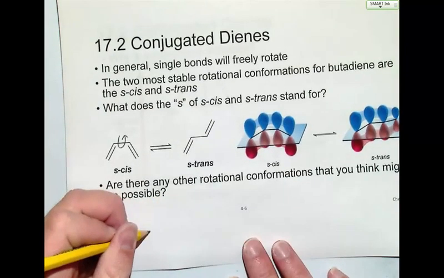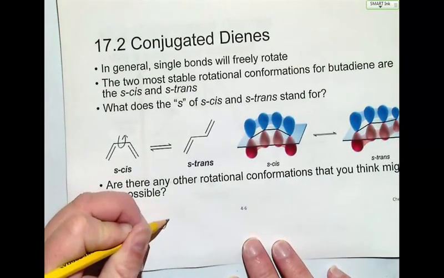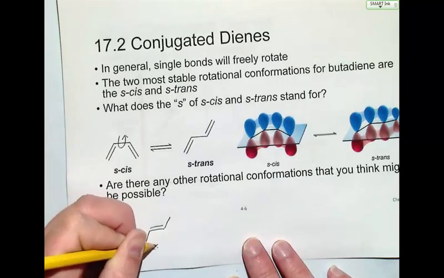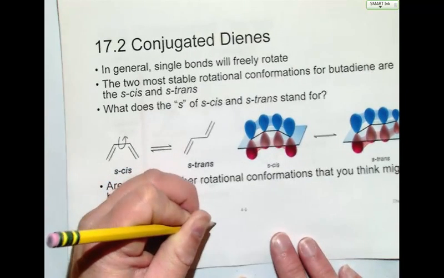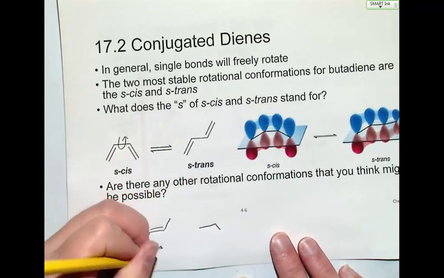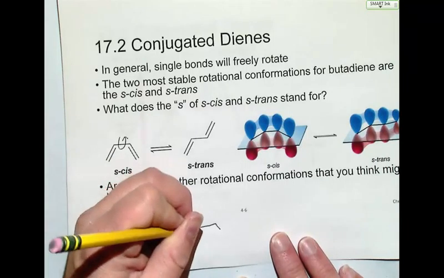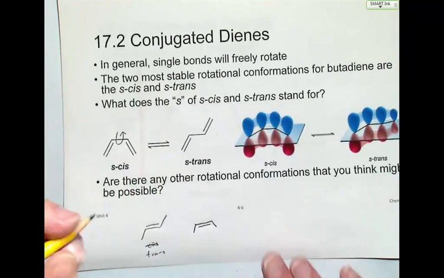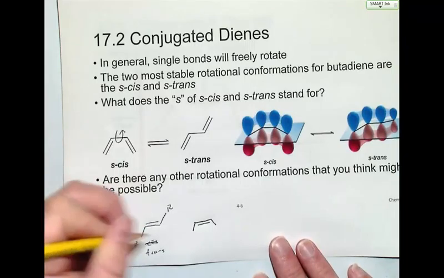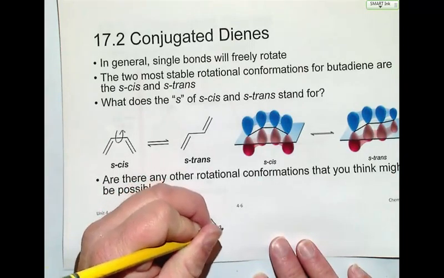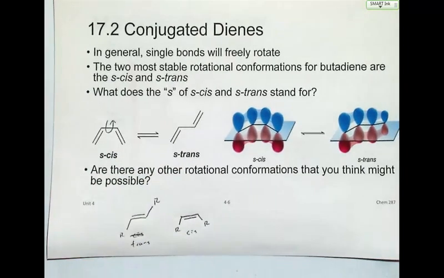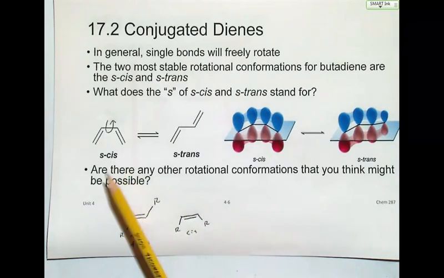When we see cis and trans, it looks like this is cis. And, sorry, that's trans. My brain is still waking up. This is cis. So we have trans and cis. So why do you think these are called S-cis and S-trans and not just cis and trans?